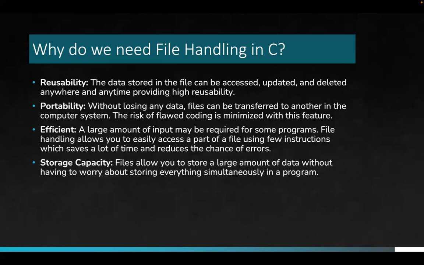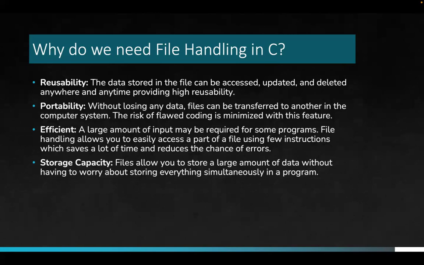Next one is portability. If you want to change the file format from one to another, like a text file to a binary file and back to a text file, without losing any data, these files can be transferred from one form to another using this C code. There is a risk in changing from one form to another in some files: when you change the file type, the content gets modified, and the nature of the content inside the file might also change.